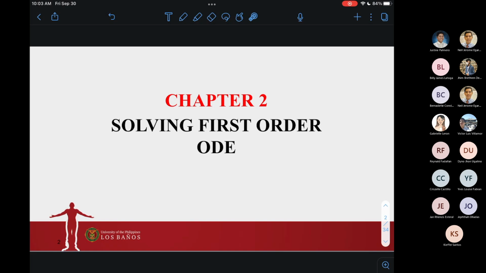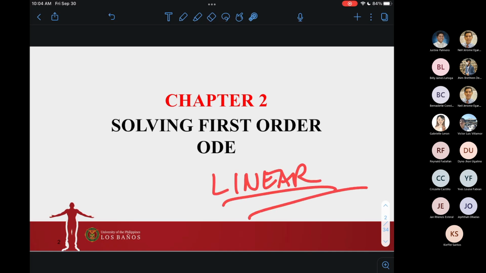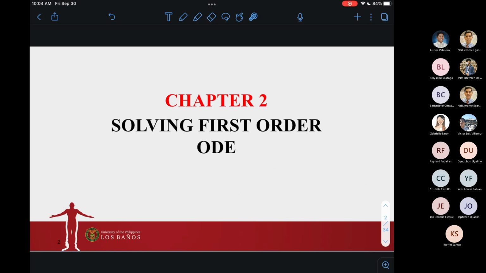Hindi katulad ng mga previous methods like separation of variables, yung substitution method whenever all of the components of the ODE are homogeneous, or exact differential equations. Etong method na pag-uusapan natin today will work for any first-order linear ODE. Yun lang yung restriction niya. Dapat linear yung ODE na ating paglalaruan.